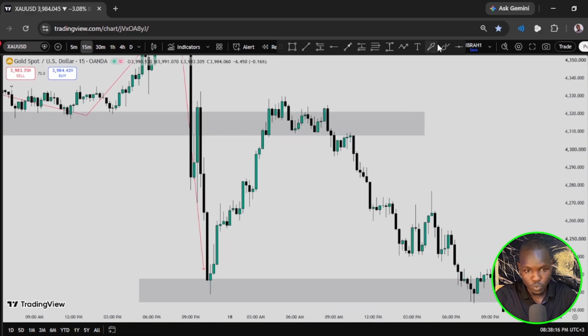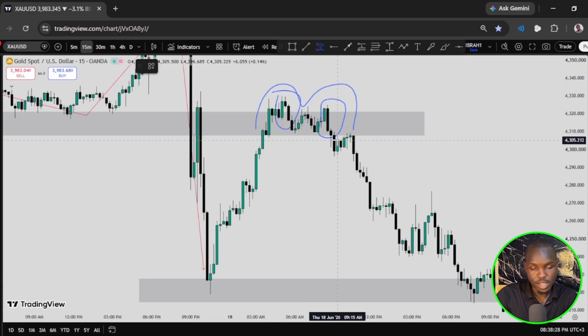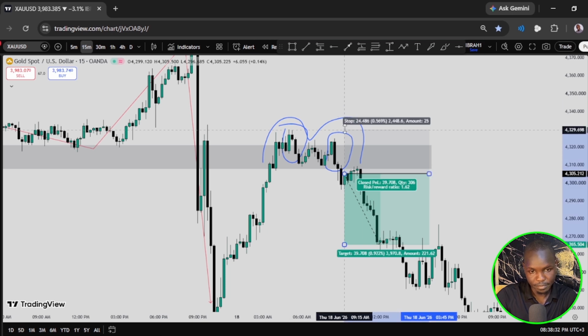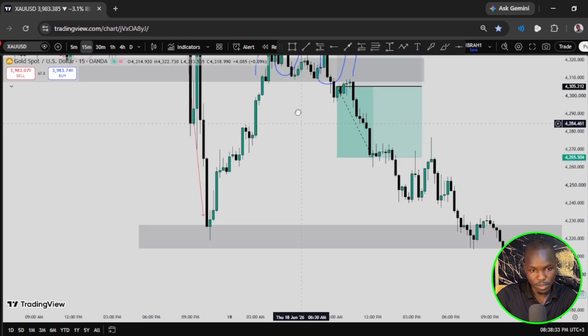It gave us confirmation: one of the candlestick patterns, an evening star, right? And then you also have a bearish engulfing bar. At the same time, we have equal highs. And this is enough confirmation for me to take the trade. Take your entry here, put your stop loss just above the high, and your take profit will just be the next low.